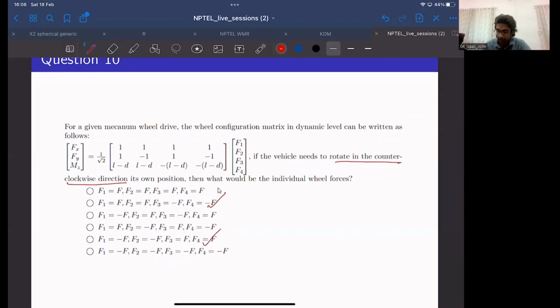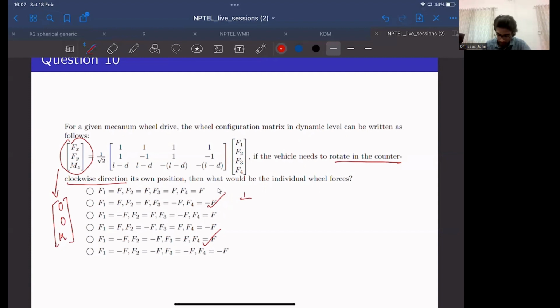If the vehicle is to rotate in the counterclockwise direction, we would want our force vector to be 0 along the x-axis, 0 along the y-axis, and a positive constant as a moment about the z-axis.